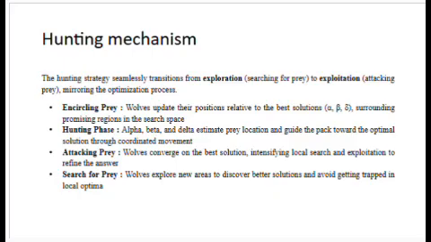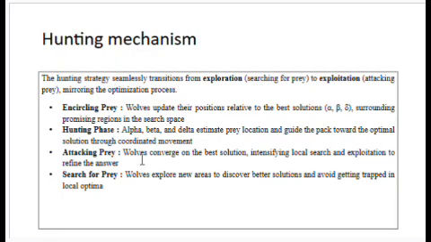In nature, wolves first search for prey, then encircle it, proceed to the hunting phase, and finally attack the prey. Similarly, in the algorithm, wolves explore the search space to find the promising regions, then converge towards the best possible solution.